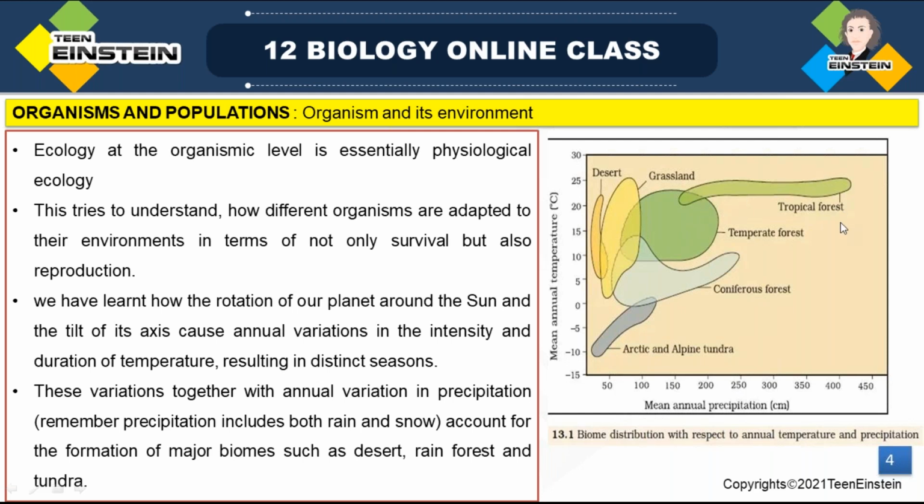Maximum annual precipitation range is shown by tropical forest, and temperature range is shown by grassland.